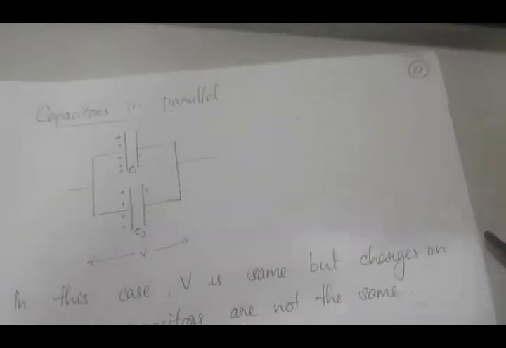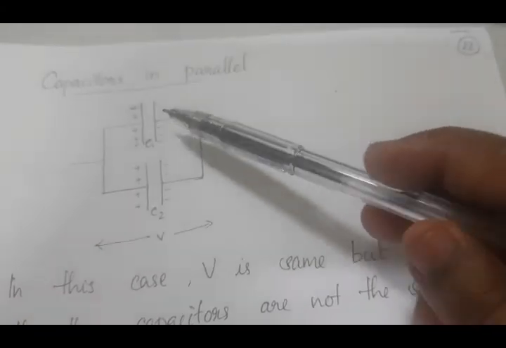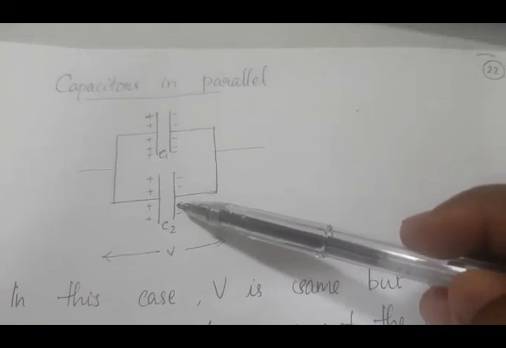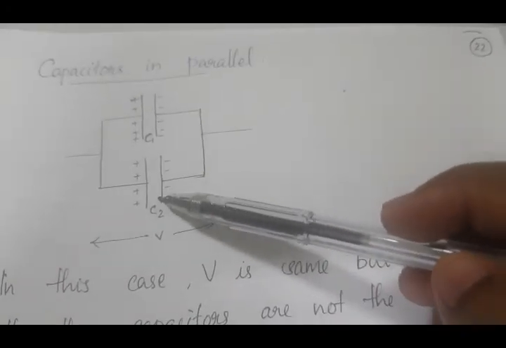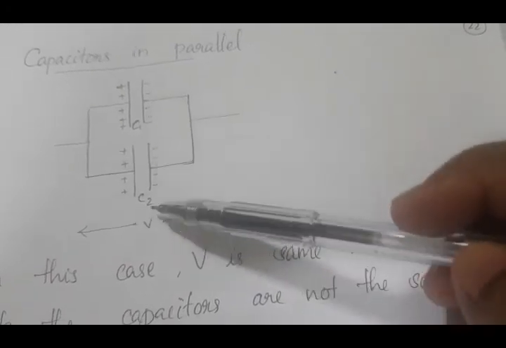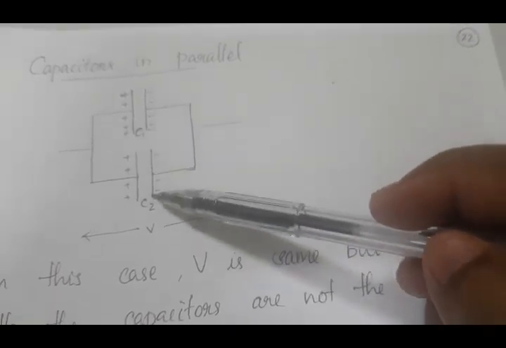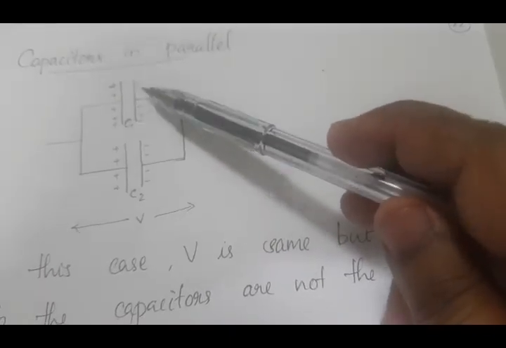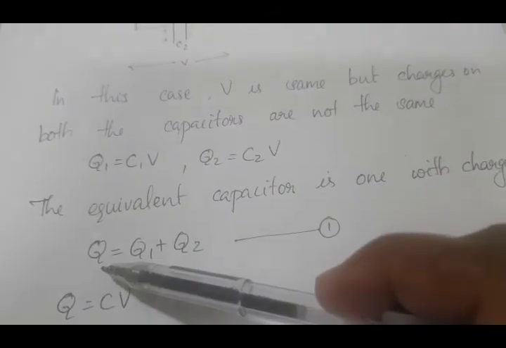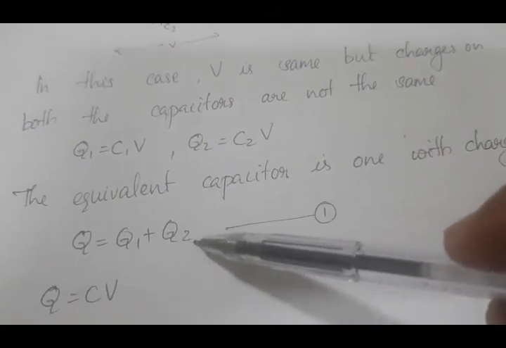Now we will see capacitors in parallel. So here you can see two capacitors are connected in parallel. In the case of a parallel combination, potential difference will remain the same, but the charges will be different. So here the charge will be Q1, here the charge will be Q2. So the total charge will be the sum Q1 plus Q2.